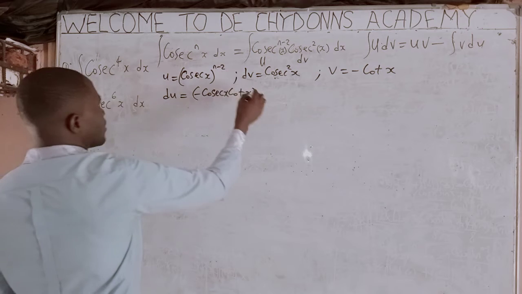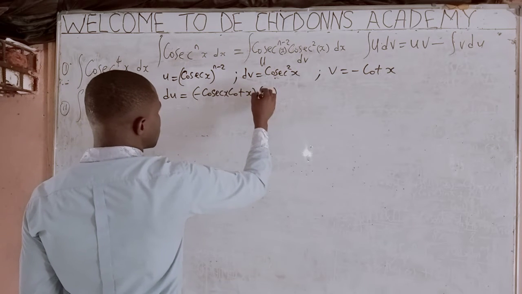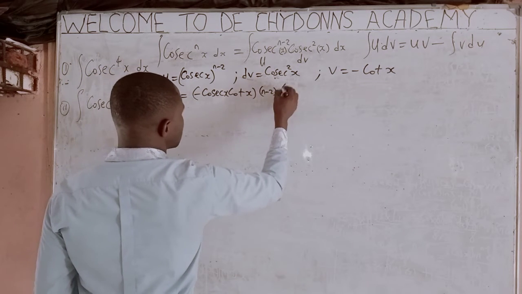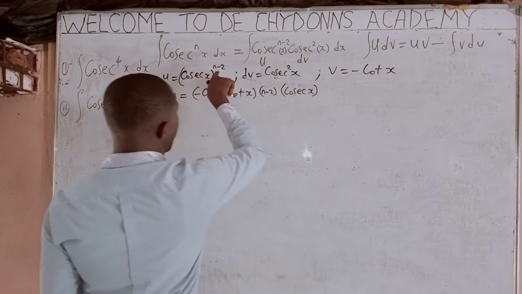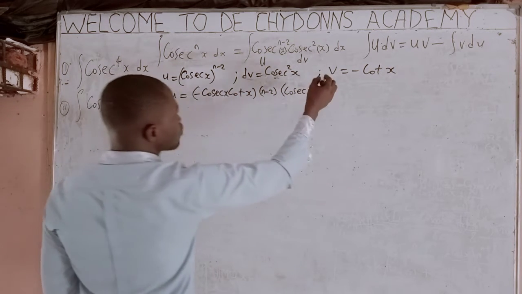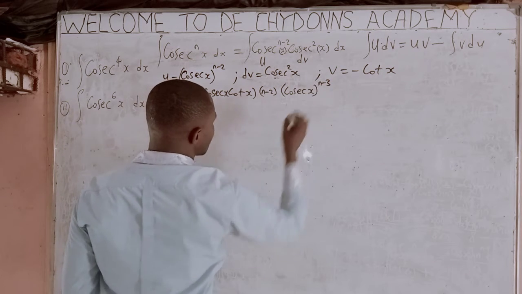Then write the power: cosec x all raised to the power of n minus 2 minus 1, n minus 3.